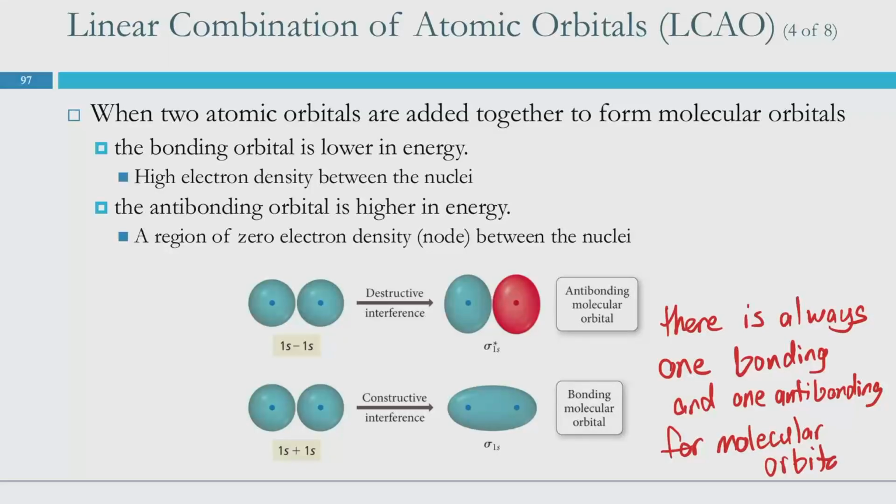So anytime we're making molecular orbitals, we're going to get one bonding, we're going to get one anti-bonding. One of the ways that we might imagine this occurring, the way that these molecular orbitals are formed, the atoms are coming together, and there's 2 different possible outcomes.